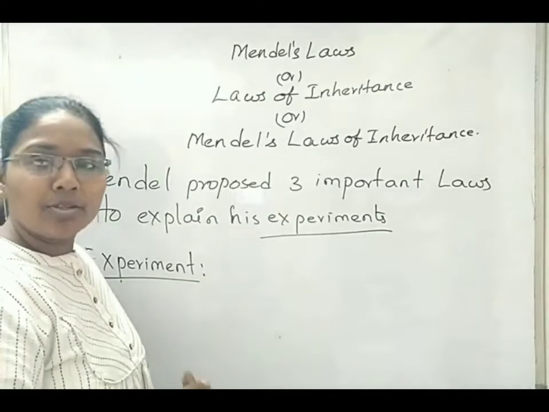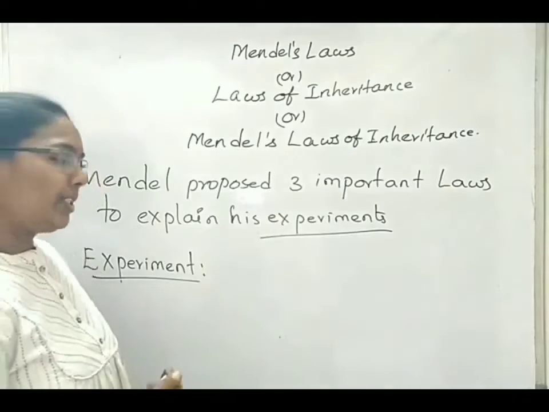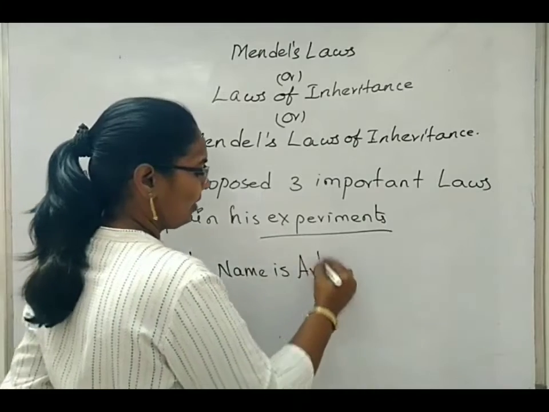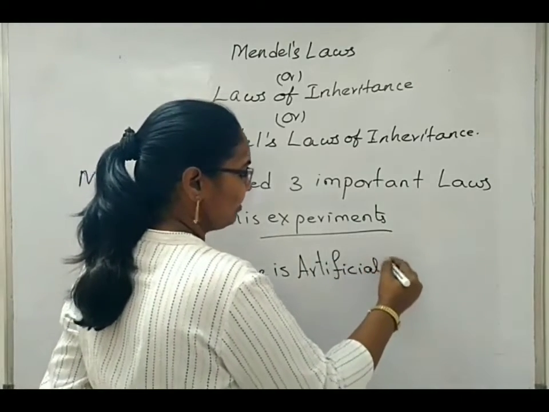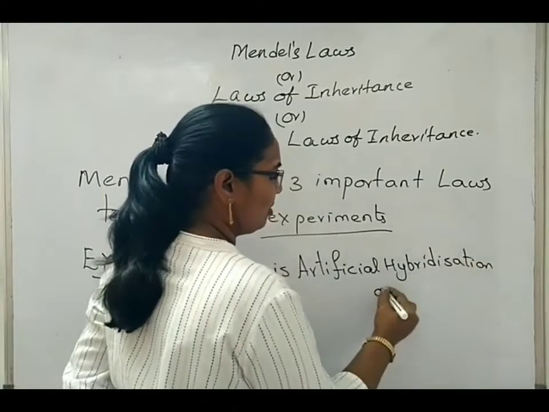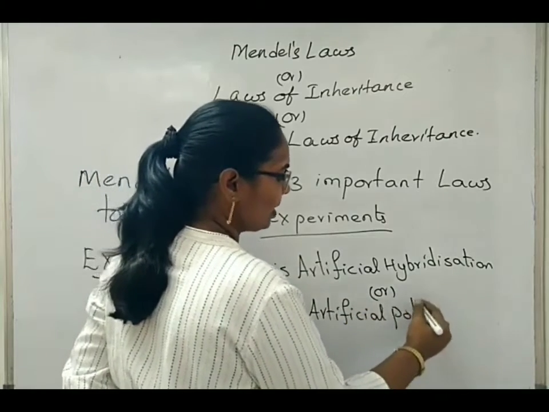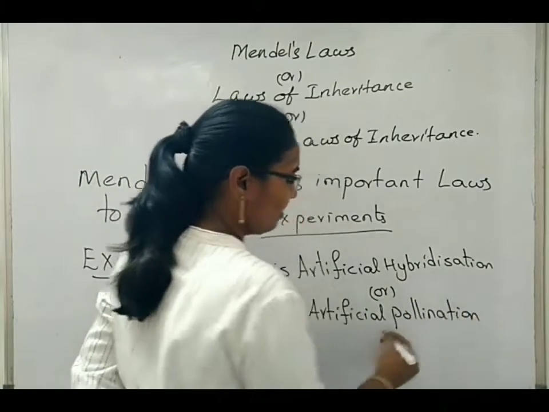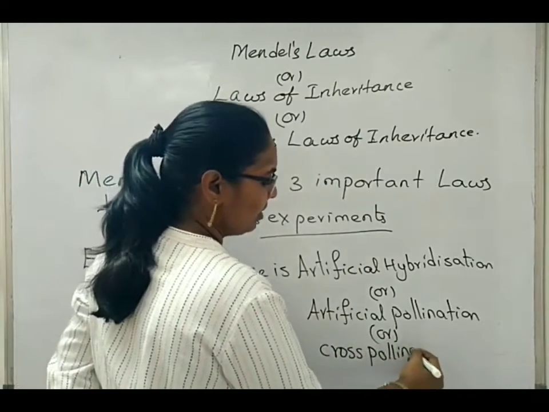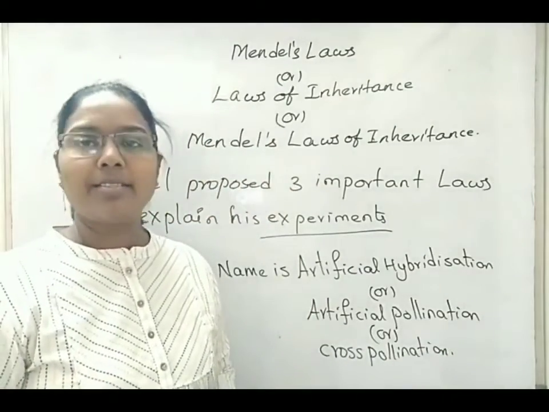In other terms, we can also call it artificial pollination or cross pollination. So these are the three terms that are applied to Mendel's experiment.